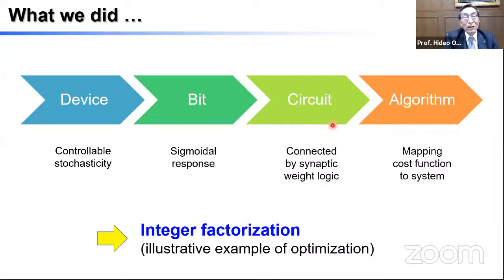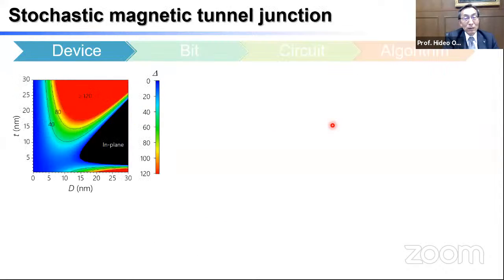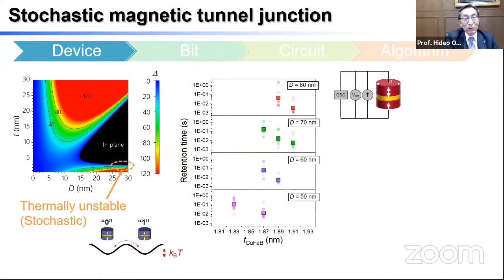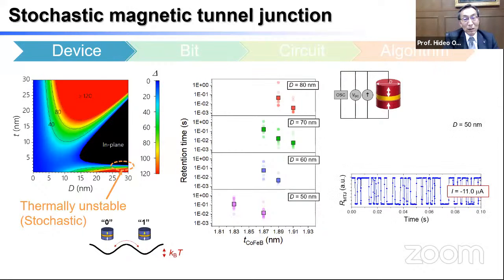Thank you. So you can only get an approximate answer. But in any case, we have shown that you can do this with a stochastic magnetic tunnel junction. As you can see, we made various kinds of magnetic tunnel junctions to control their stochasticity, and we applied current and made sure that the stochasticity can be controlled by the current.